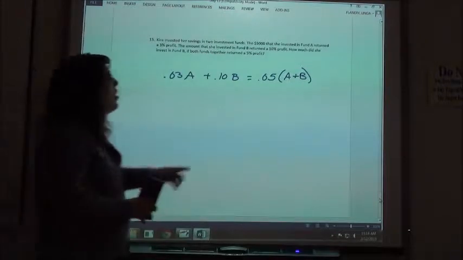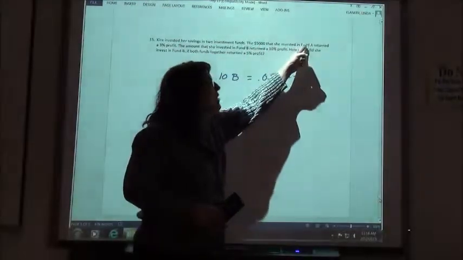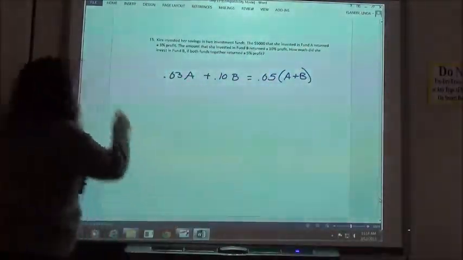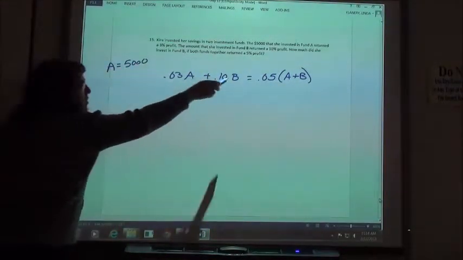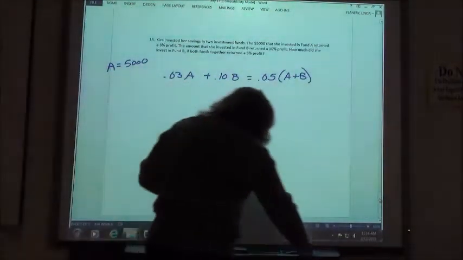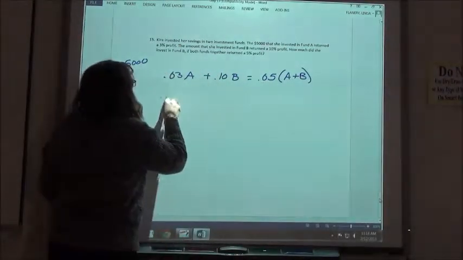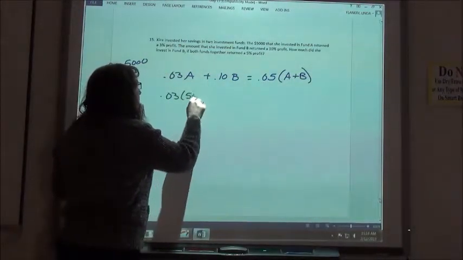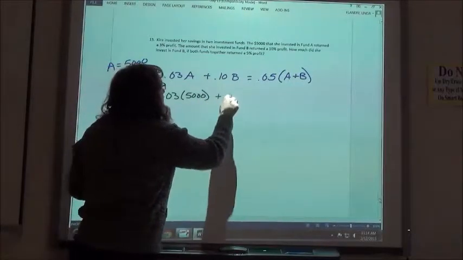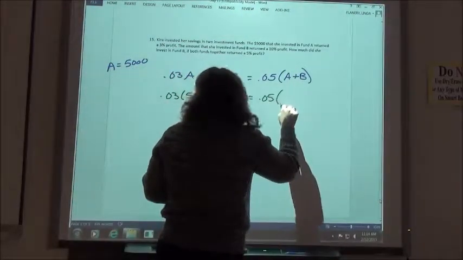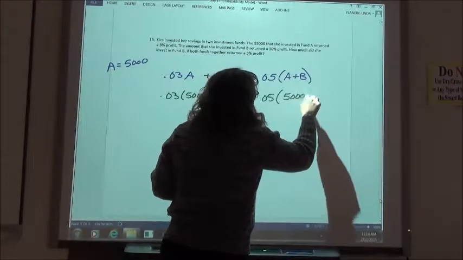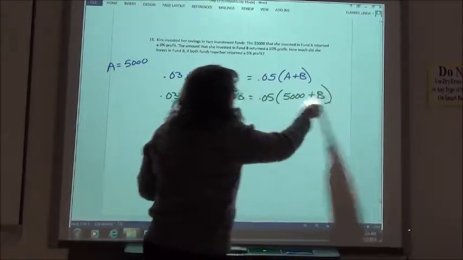We, however, know that there was $5,000 in Fund A. So A is equal to 5,000. We can replace our A's with 5,000. So 3% of 5,000 plus 10% of B is going to equal 5% of 5,000 plus B. Both of them together.